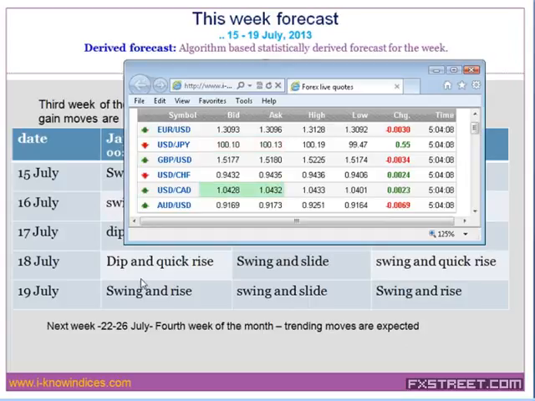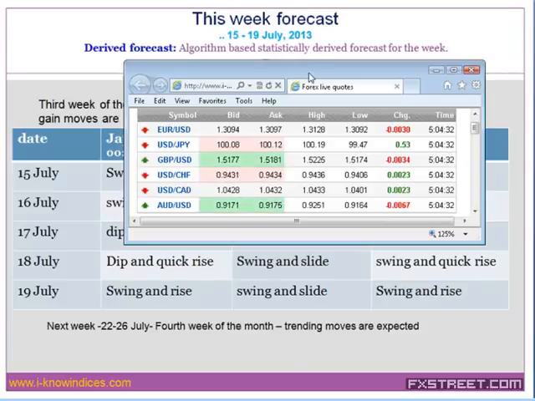So what you could do, you can buy now and book profit towards close of US session, and again tomorrow you can either do a small sell and buy trade or wait for the slide to happen from the mid-European session and then take the buy position and close it towards US session. These are all the trading ideas I would like to give based on the forecast.